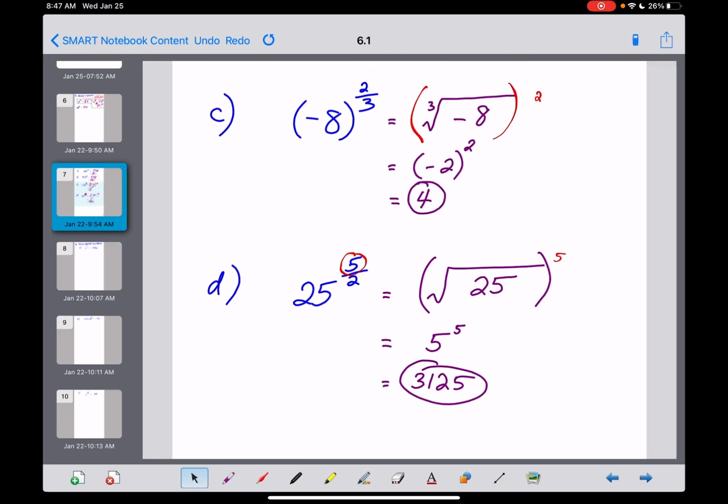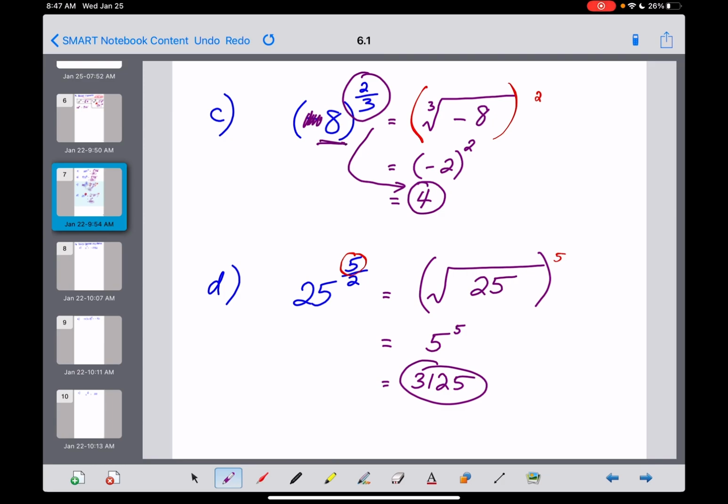I do just want to point out something about these last two problems right here. So for C, just for the time being, let's ignore that negative and pretend it's not there. I want you guys to look at what's going on here. We took 8 to a fractional power of 2/3 and we got a result that was smaller than the base that we started with.